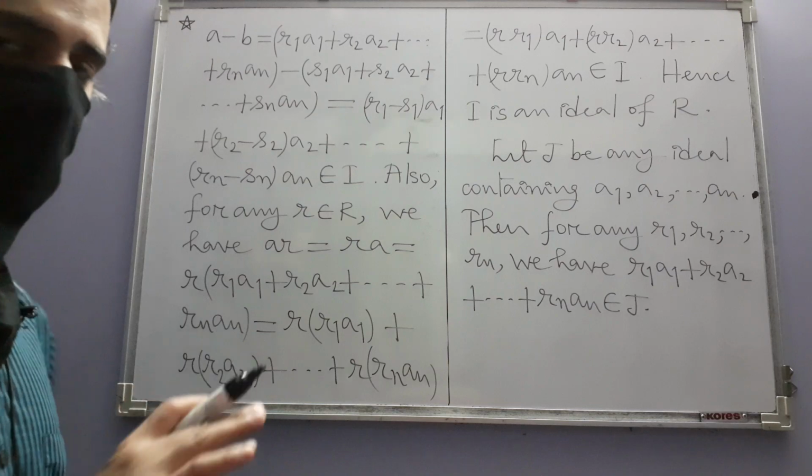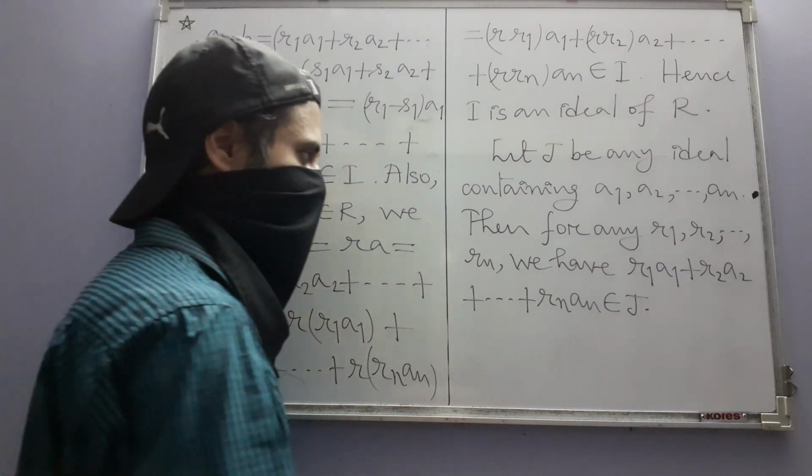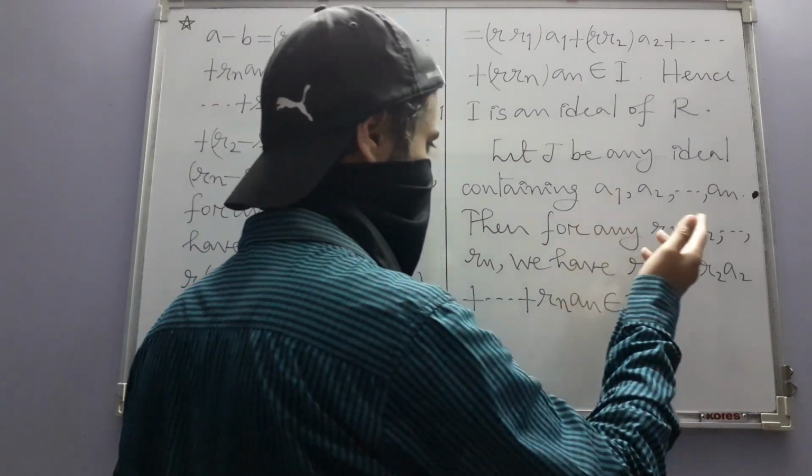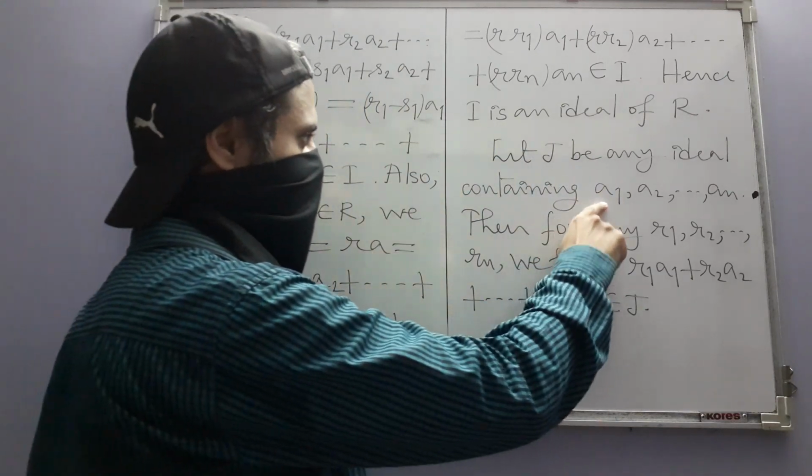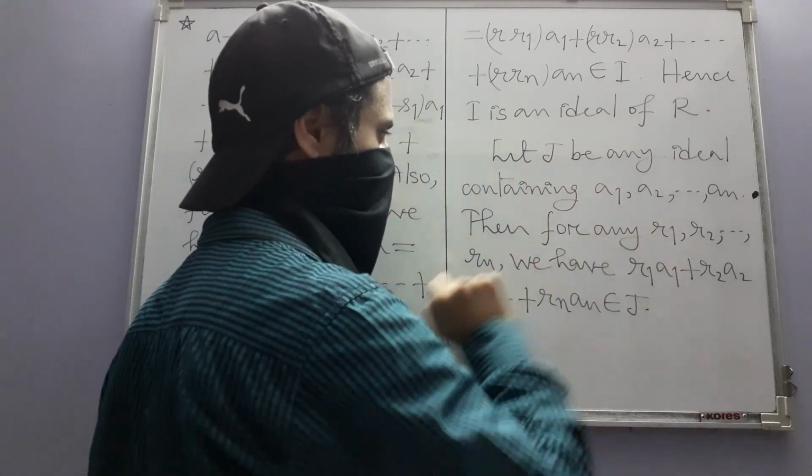Why? Actually, it happens in two steps. Say you concentrate on A1. A1 is coming from J and R1 is a ring element.